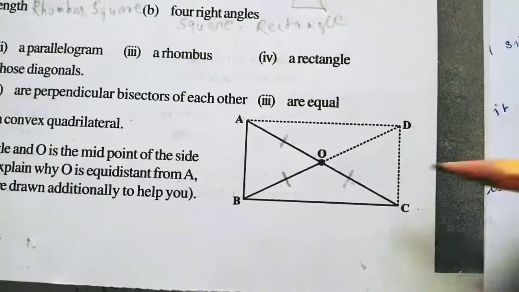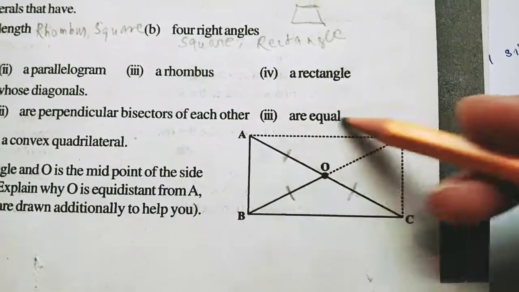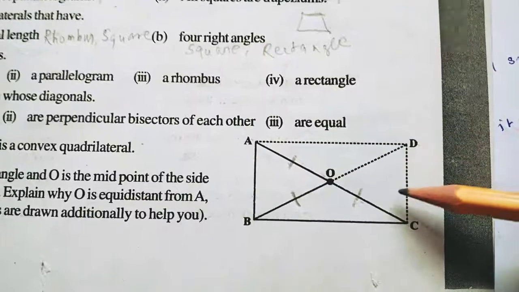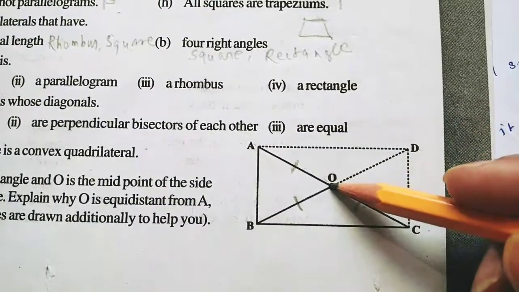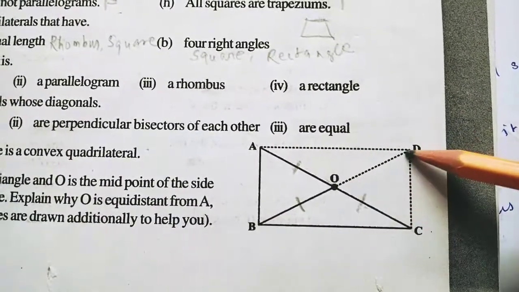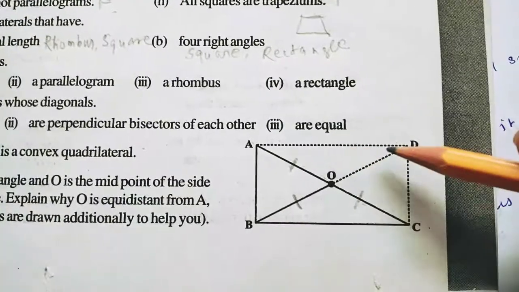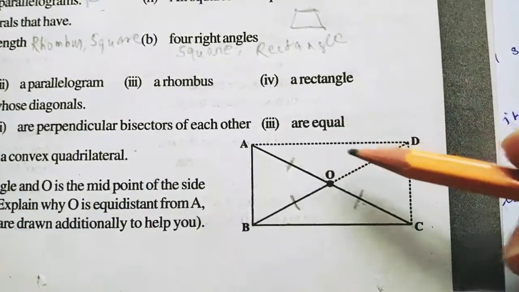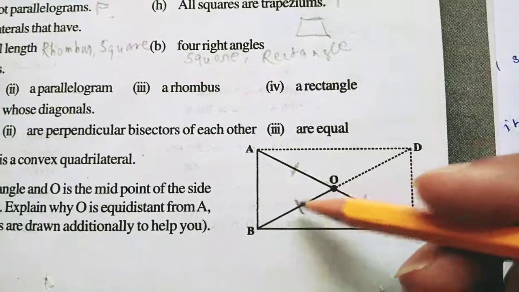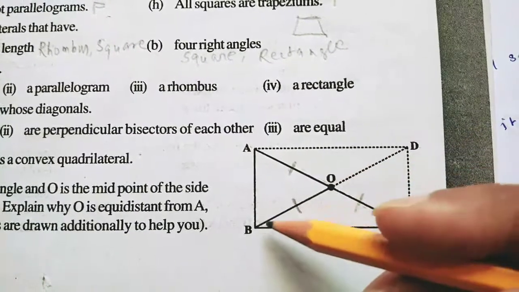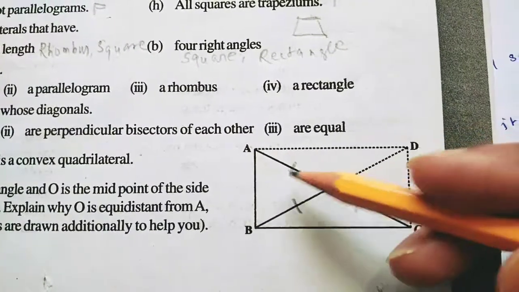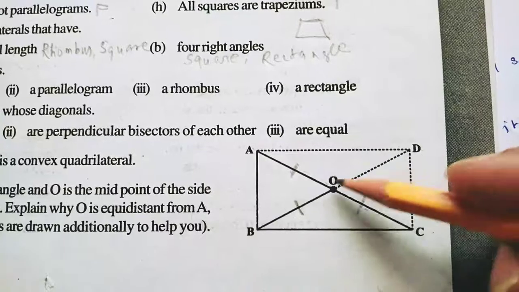Okay. To explain this question, these dotted lines are made so that it will become a rectangle, and we can extend this line OB to OD. Okay, and we can join AD and DC. So this is our extra construction to solve this problem. In a rectangle we know that the diagonals bisect each other. So BD is a diagonal and AC is also a diagonal.